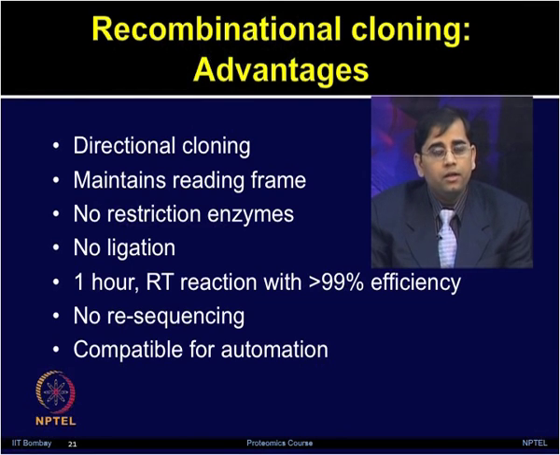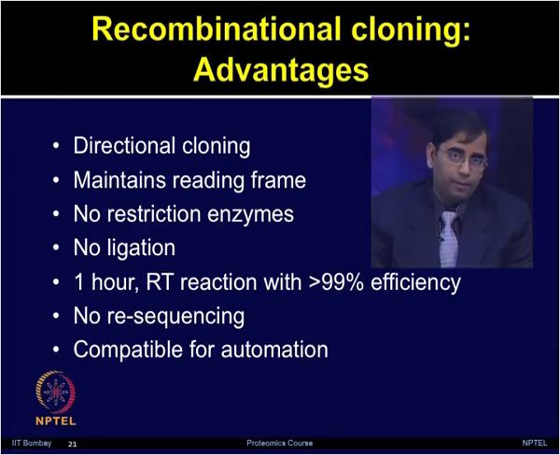The room temperature 1 hour reaction increases efficiency close to 99%. Once the reactions have been performed successfully, there is no need to do the resequencing. It is almost 100% correct sequence inserted in the right vector, and the system is compatible with automation for high throughput requirements.